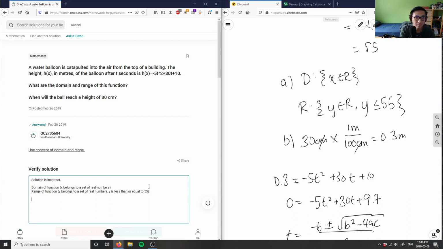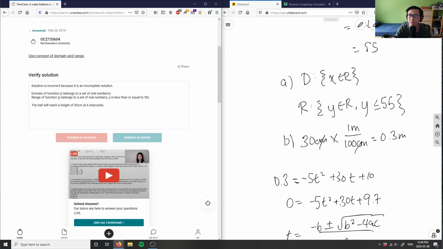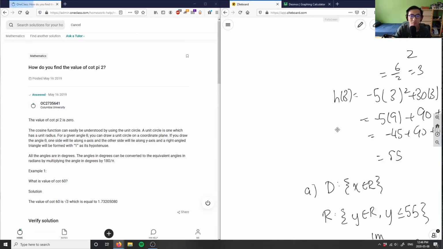And then finally, the ball will reach a height of 30 cm at 6.3 seconds. So this is incorrect because it is an incomplete solution. Okay, the solution here is incorrect.